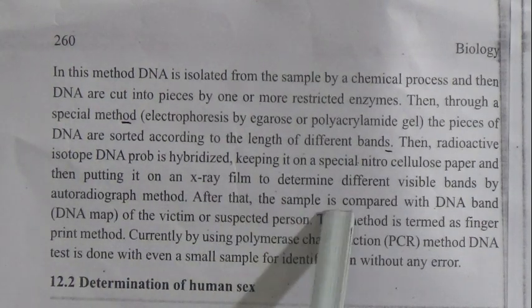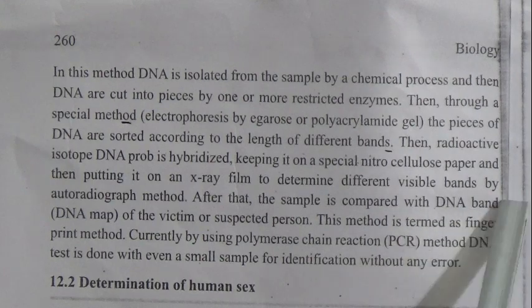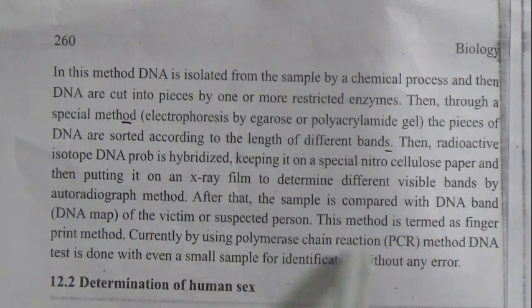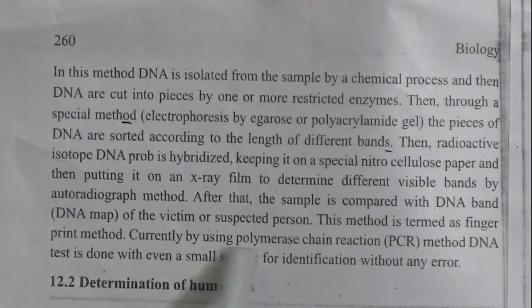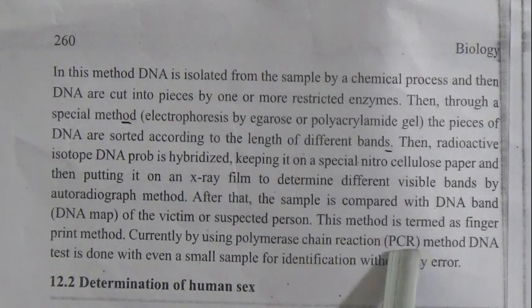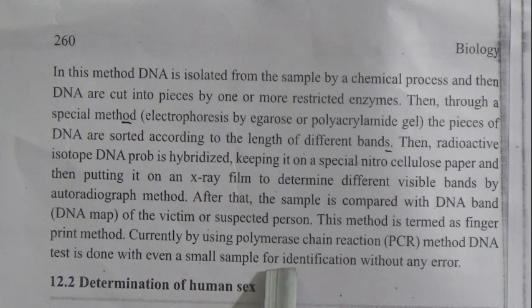After that, the sample is compared with the DNA map of the victim or suspected person. This method is termed the fingerprint method. Currently, by using the polymerase chain reaction (PCR) method, the DNA test is done with even a small sample for identification without any error.